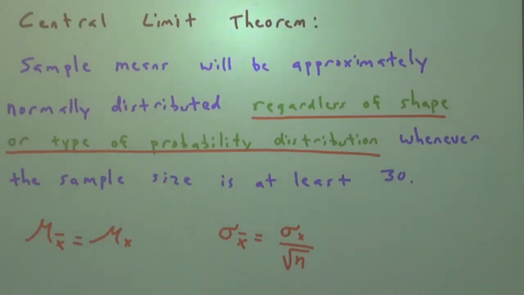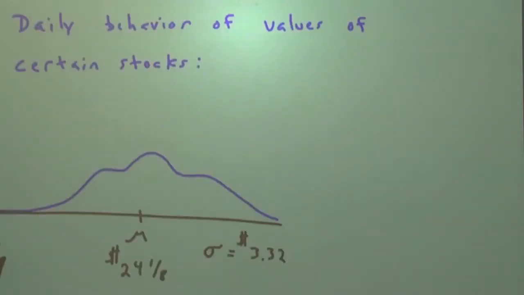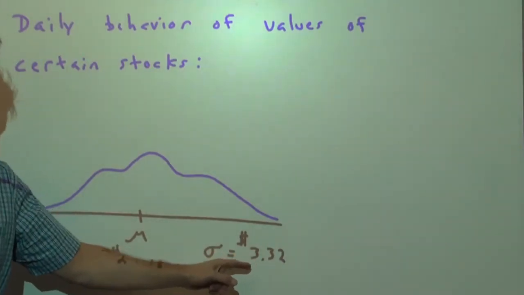So what we have here then is we say, okay, we can know our standard deviation for our distribution, and even if we have something like this, let's suppose we're looking at daily behavior of values of certain stocks, or maybe one stock. The mean average is 24 1/8, that's per share, the value of that stock, but it fluctuates with this standard deviation.